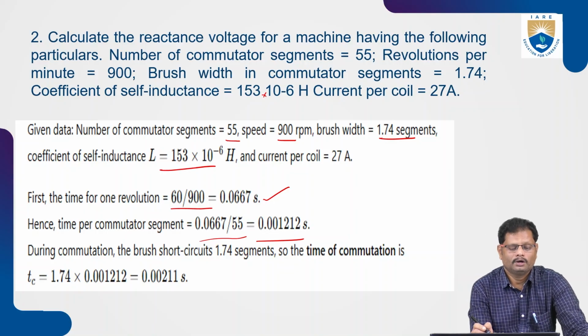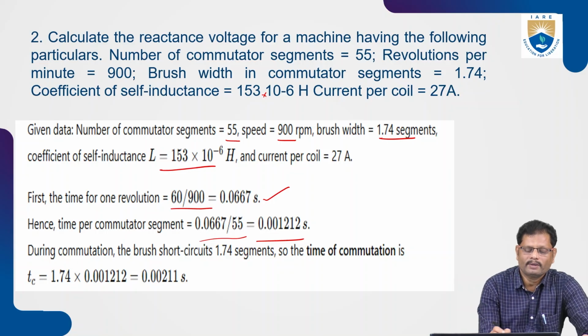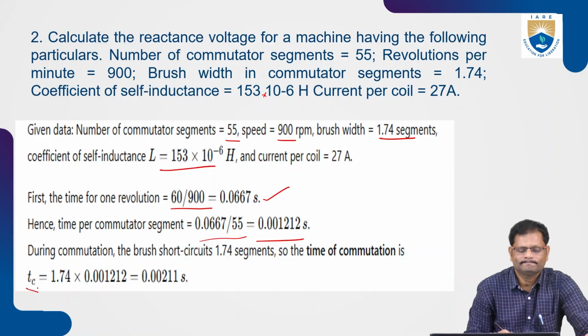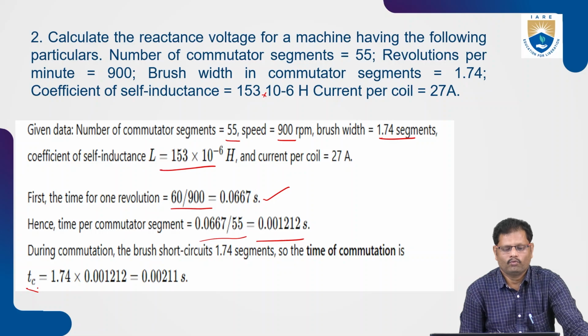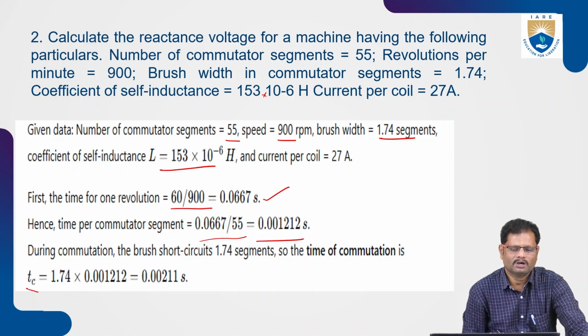And during the commutation, the brush short circuits 1.74 segments. So the time of commutation, denoted as TC, is 1.74 segments into time per segment. So time per segment already we have calculated as 0.001212 seconds.